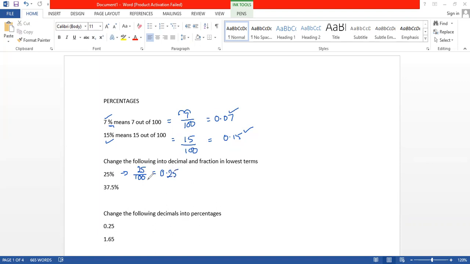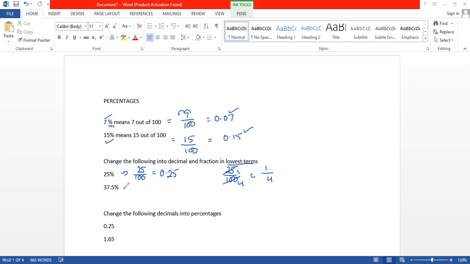And if I want to convert it into a fraction in its lowest terms, 25 over 100 is already in fractional form, but we need to simplify it. 25 ones are 25, 25 fours are 100. So 1 over 4 would be the simplest form.